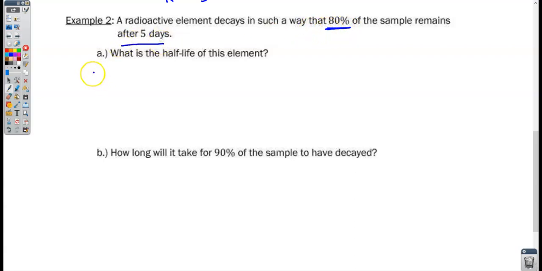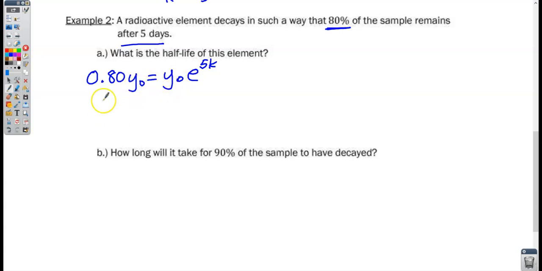So setting up our equation, 80% of the initial value is left. And we've got y sub 0, e, and time is 5. So we could put 5 in for t and substitute k. And then we can solve for and find the value of k in this equation.